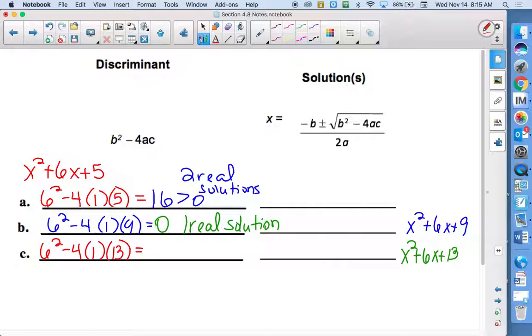Abby, what number did you get there? Negative 16. Negative 16. So what does negative 16 tell us about our solution, Abby? It's imaginary. Right, we have 2 imaginary solutions.